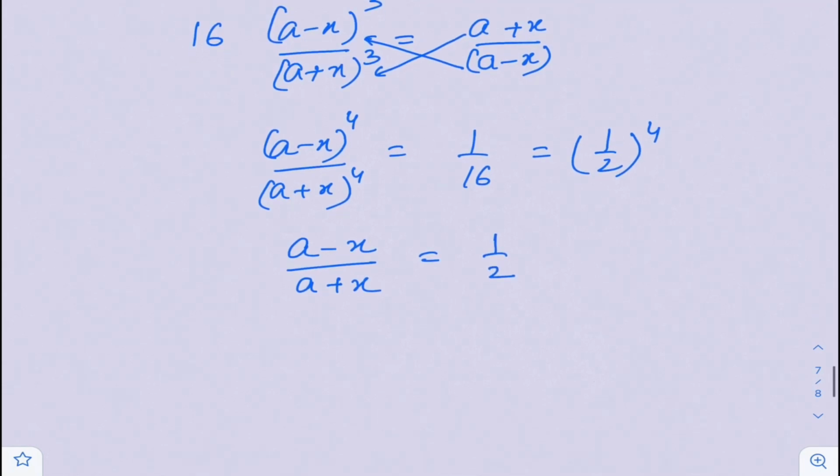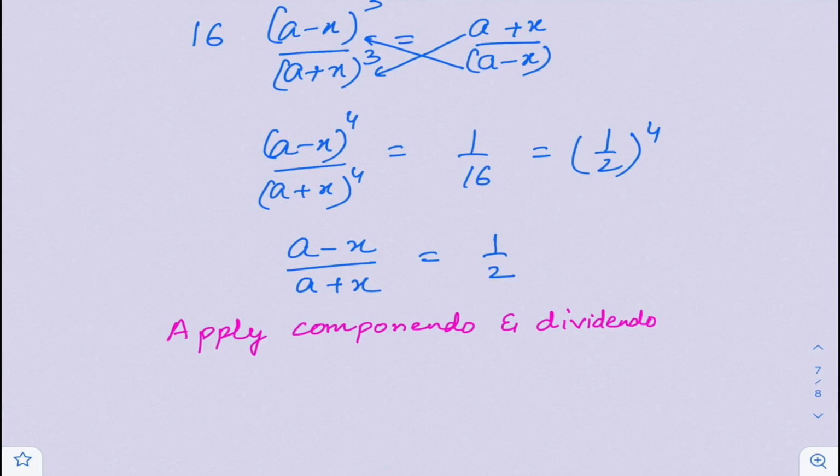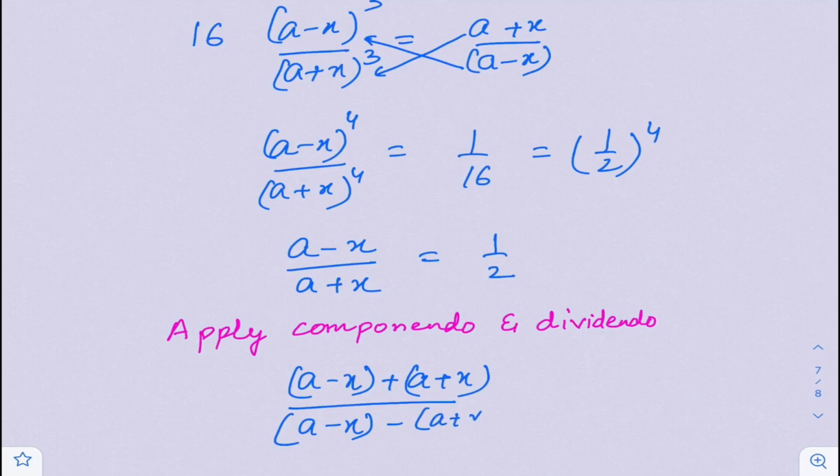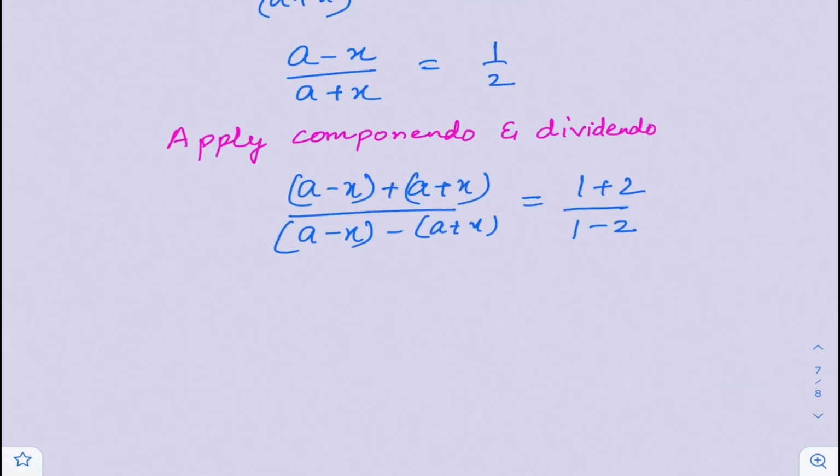Here you can cross multiply and calculate the answer, or you can apply componendo and dividendo, then also you can get the same answer. I think we should apply the property, because when such questions come in exams, they ask to solve with the help of the property only. So by applying componendo and dividendo, (a minus x plus a plus x) over (a minus x minus a minus x) equals (1 plus 2) over (1 minus 2), and we are getting twice of a in the numerator and minus twice of x in the denominator.